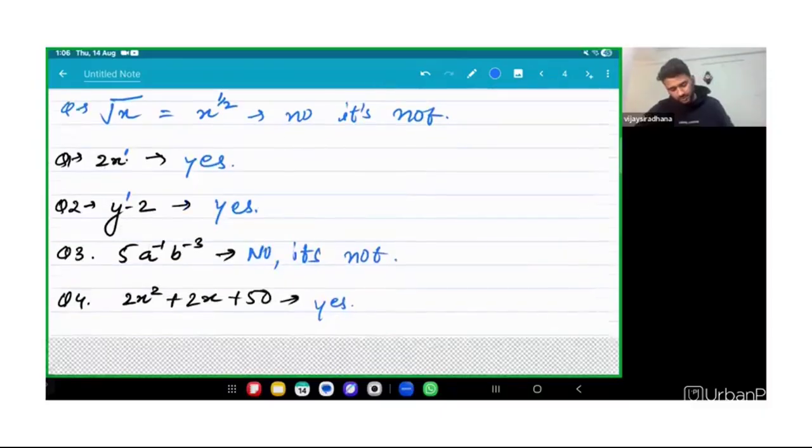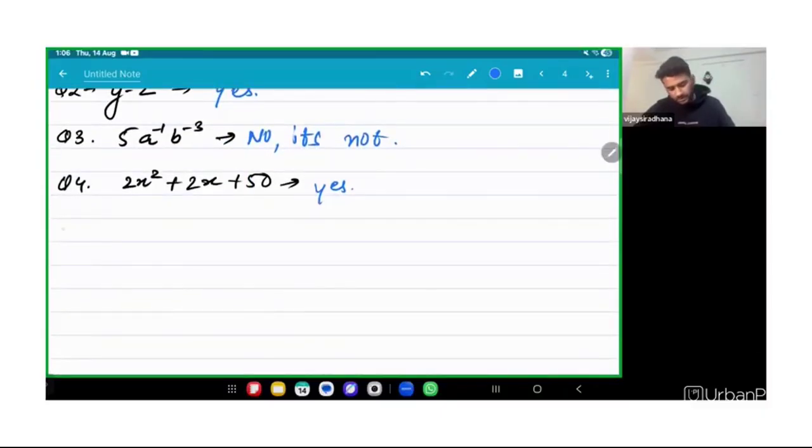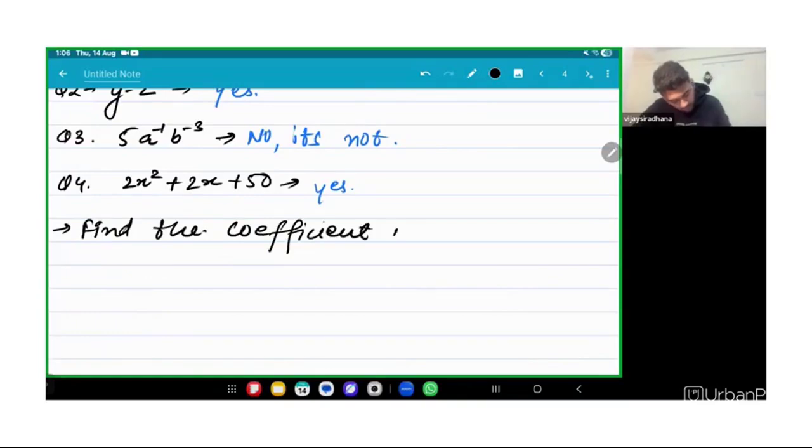So students, you might also get a question that says find the coefficient of the polynomial.